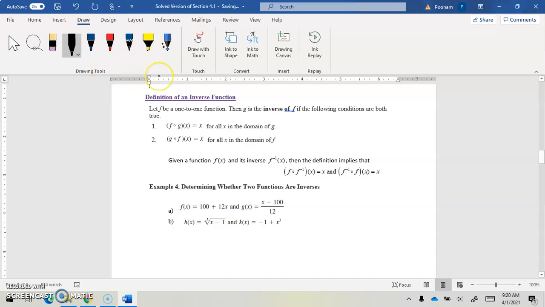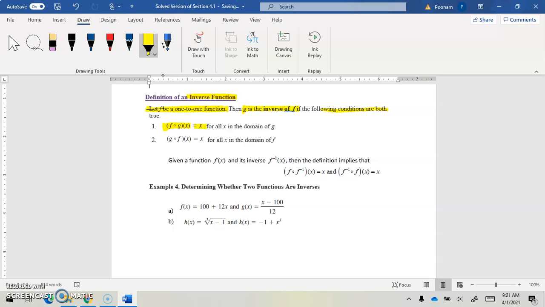Let's define inverse function. Let f be a one-to-one function. So for defining inverse function, the function has to be one-to-one. That is most important. And g is the inverse of the function. Then following conditions are true. What is it saying? The composition f of g of x is coming back to x.